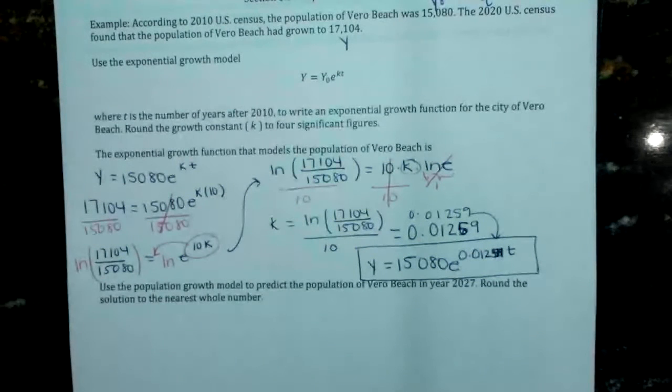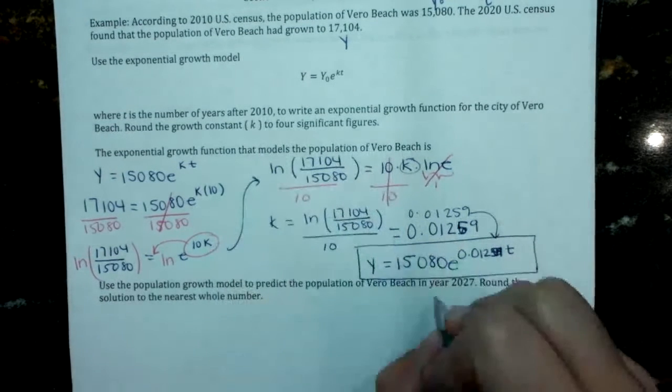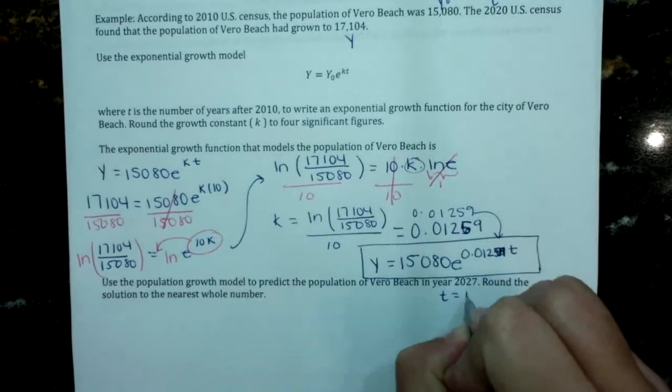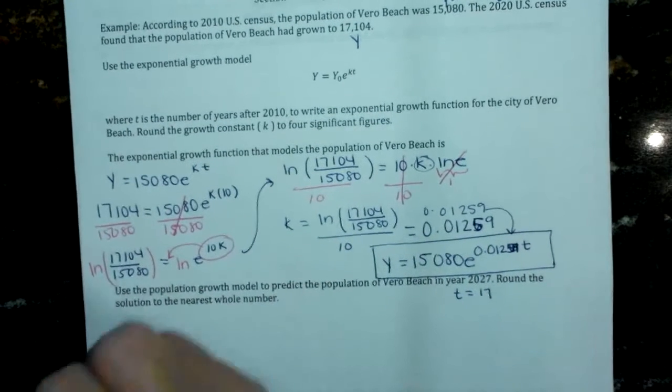Use the population growth model to predict the population of Vero Beach in year 2027, round to the nearest whole number. So remember, our time is the years after 2010. So 2027 is 17 years after 2010, so we plug in 17 for t.